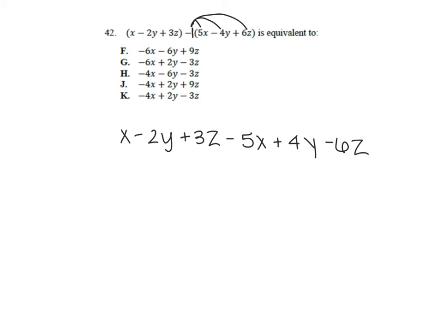Then you can start combining like terms. I have x minus 5x, that's negative 4x. I have negative 2y plus 4y, that's positive 2y. I have positive 3z minus 6z, that's negative 3z. So I would choose K.